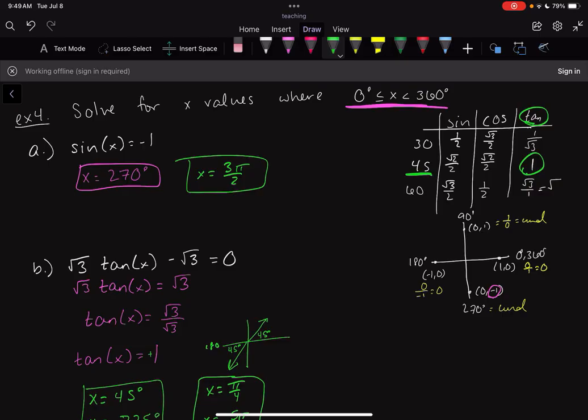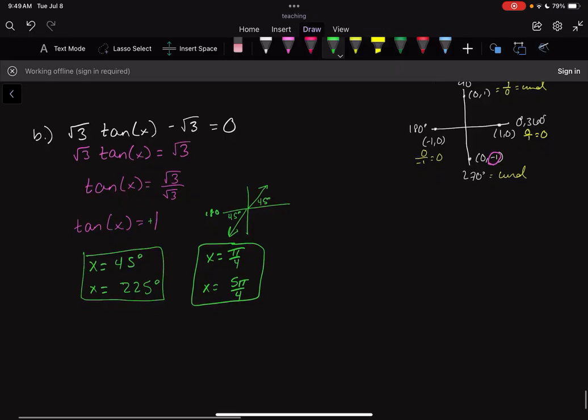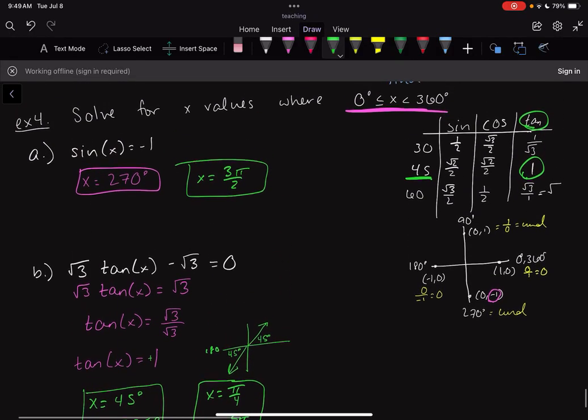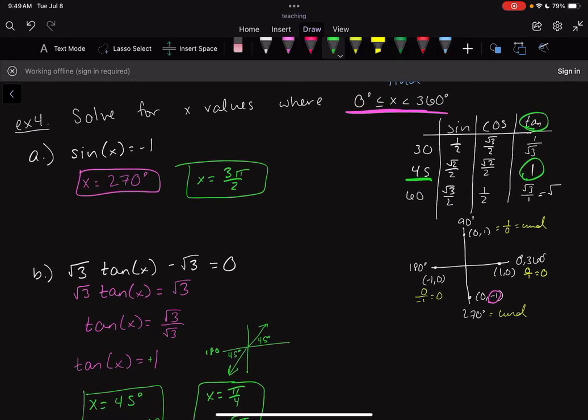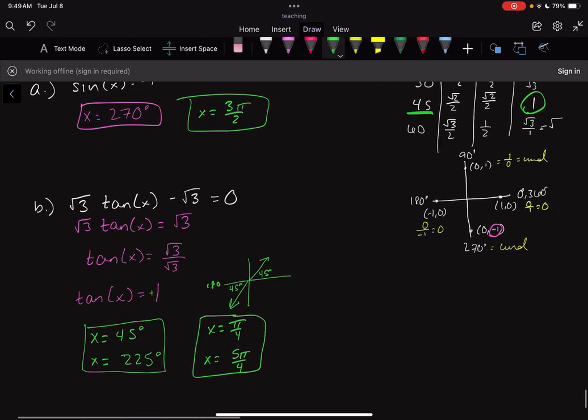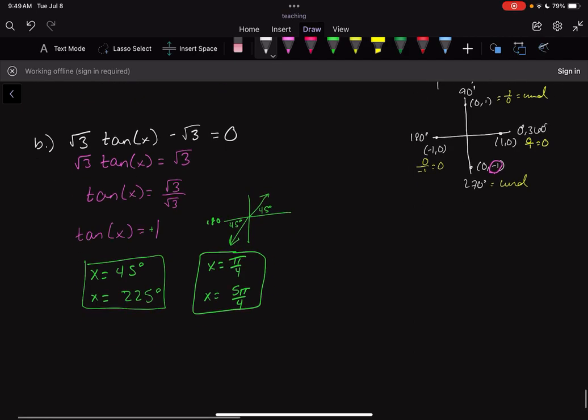Now, I'd also like to do maybe some inverse functions. Not inverse, sorry, I said the wrong thing. Reciprocal. I want to do some reciprocal functions just to show you what those would look like. So let's do part C. I'm going to do secant.